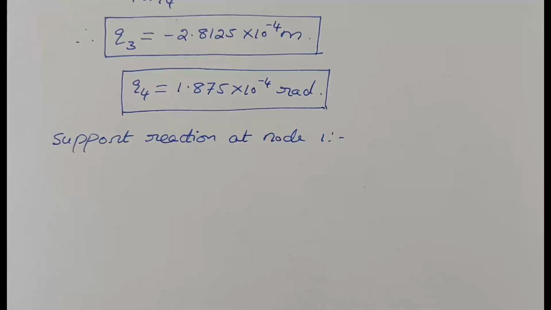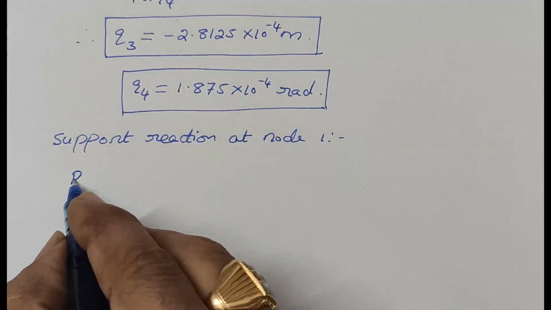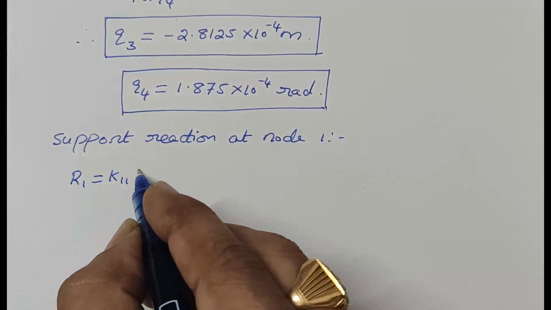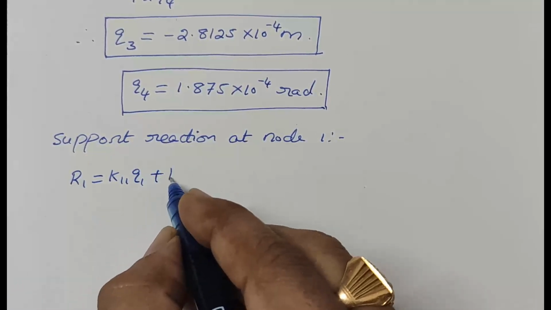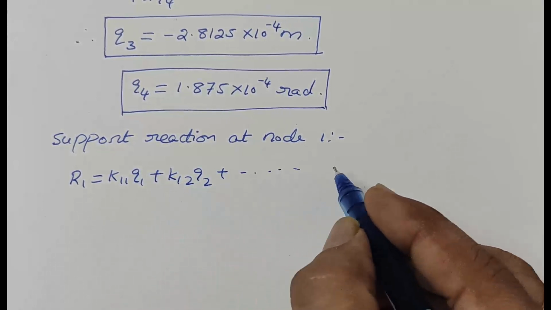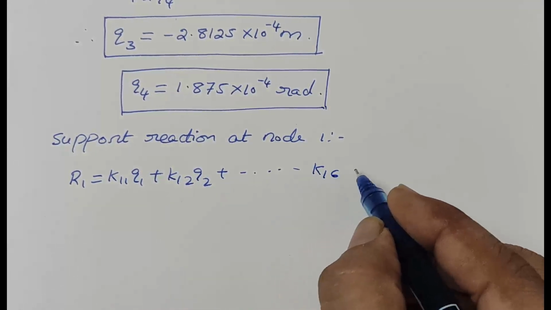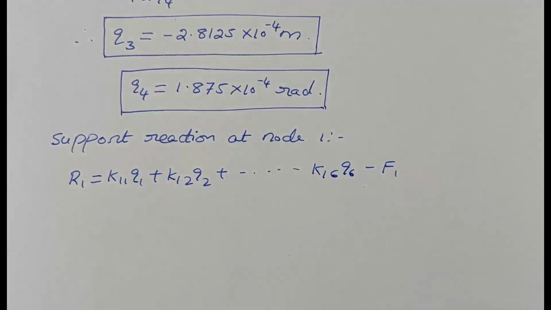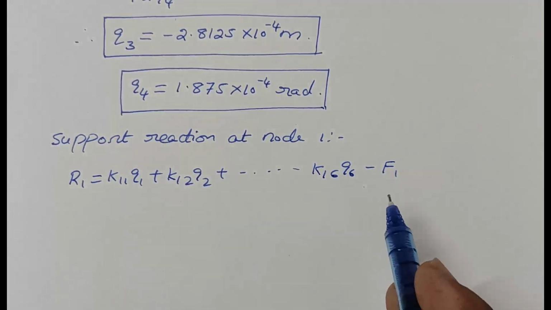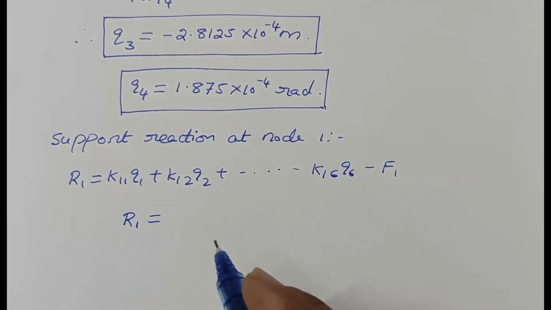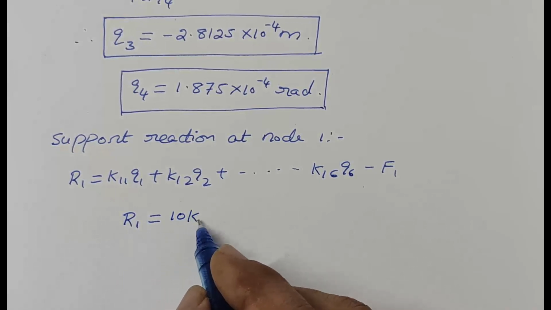Therefore, the reaction force R1 is K11 Q1 plus K12 Q2 plus up to K16 Q6 minus F1. If you substitute all the values and simplify, we will get R1 is equal to 10 kilonewton.